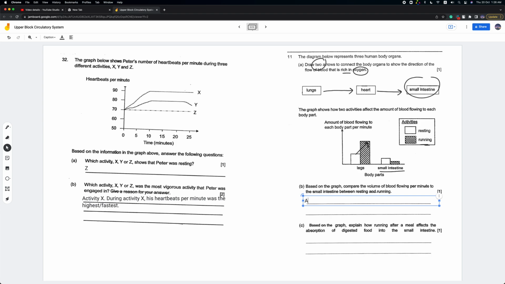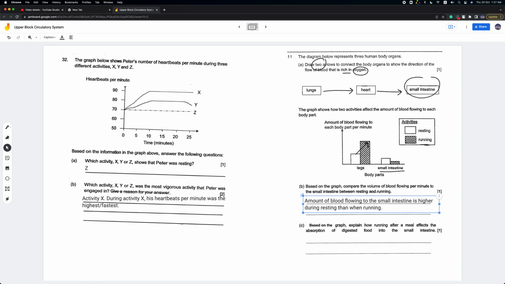So we can say amount of blood, where do I get these words? From the graph itself. Flowing to the small intestine is higher during resting than when running, or then during running, doesn't matter.